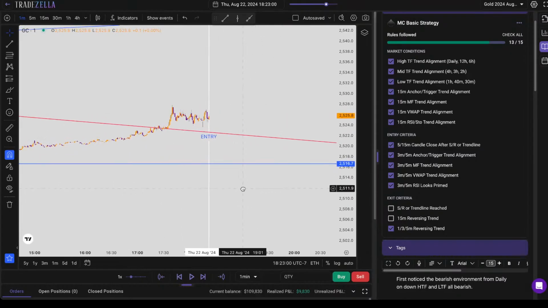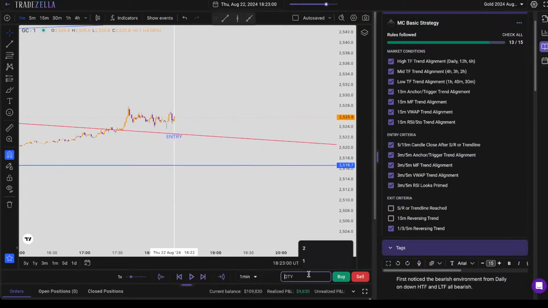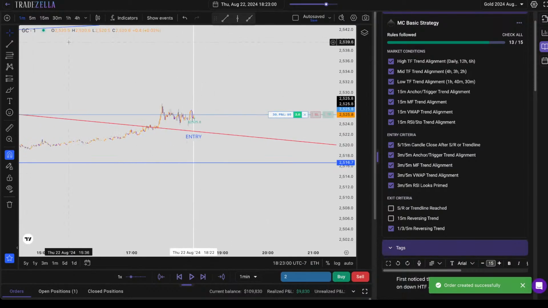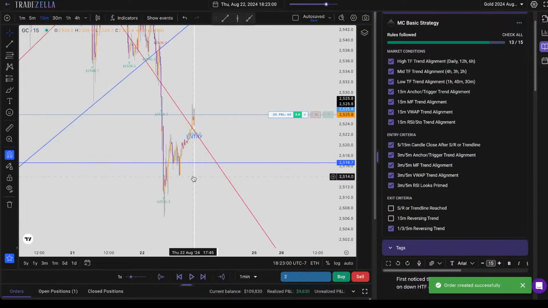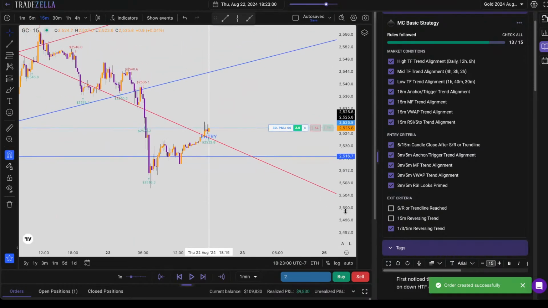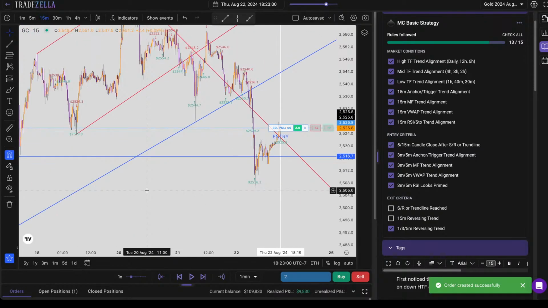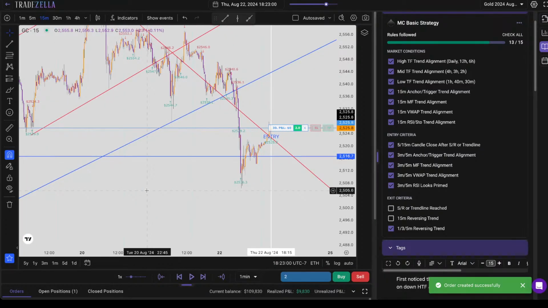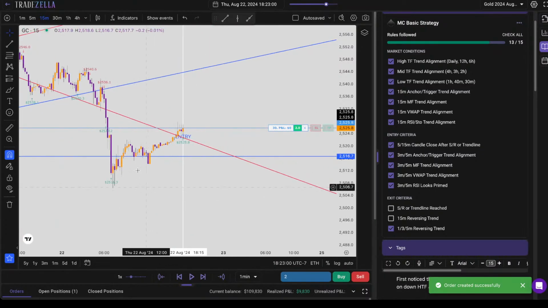Yeah, we can see it much better. 2 contracts, because that's how I roll. Our take profit.